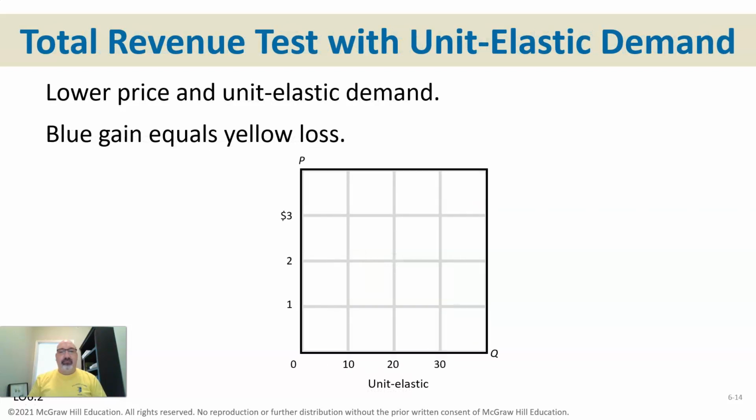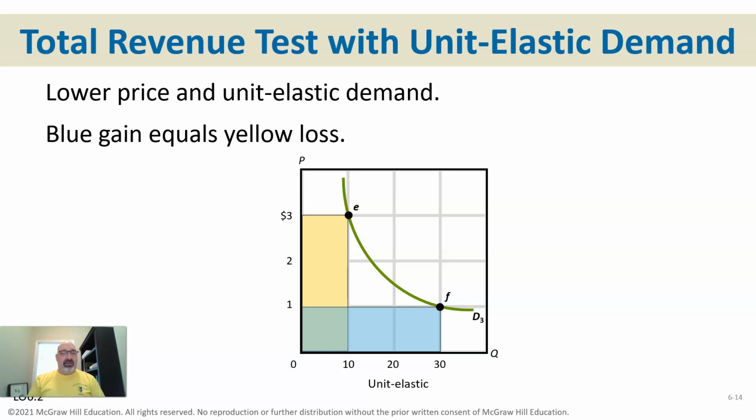Okay? And if you have a unit elastic good, if you lower your price, the loss that you get from the price is going to exactly equal the gain you get from the quantity. You cannot change your revenue. And that's why, if you're a firm, you don't want to have a unit elastic good. You will never be able to change your revenue.